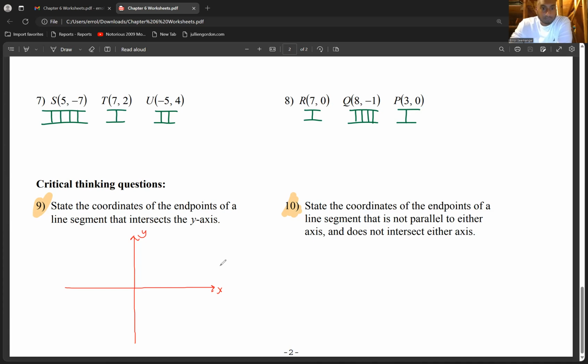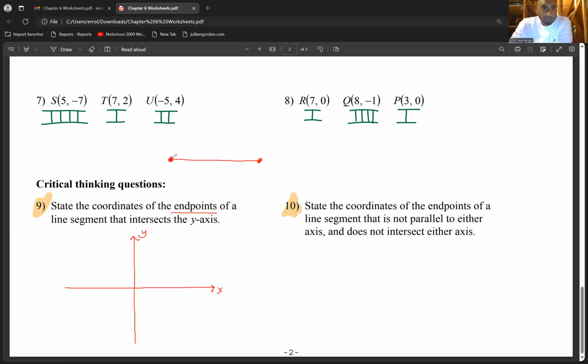Okay, so how do we do that? Give me a line that intersects the y-axis. You know what endpoint means, right? Endpoint just means there's your line, and there are two endpoints where the line starts and stops.